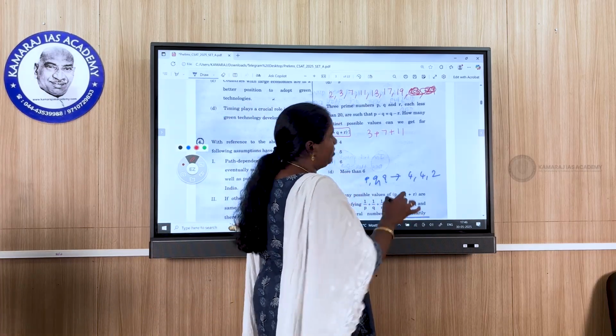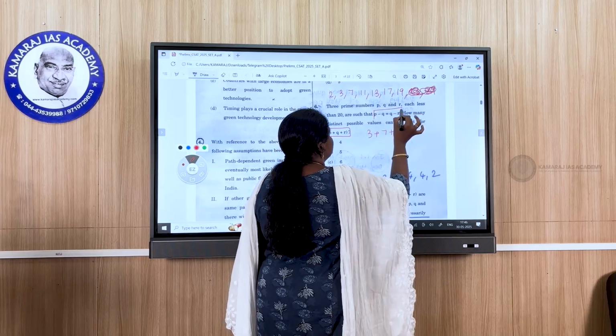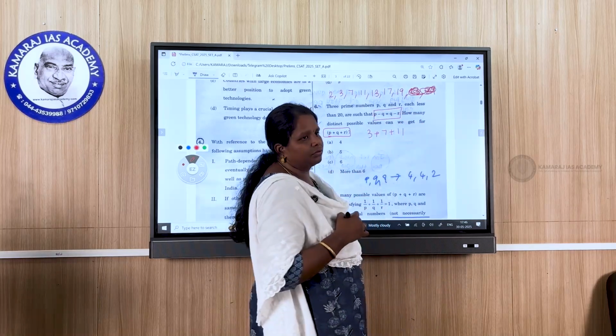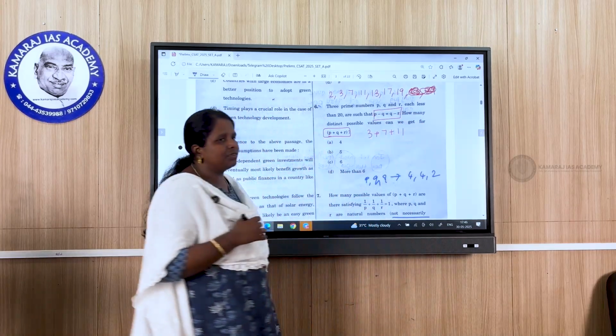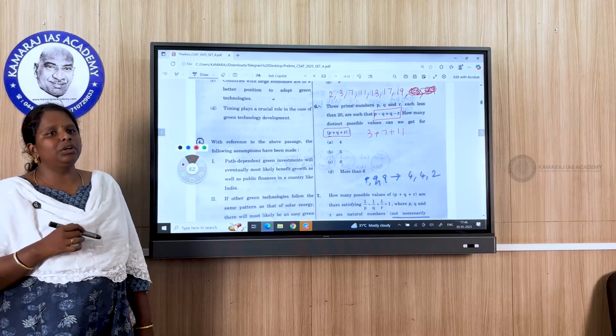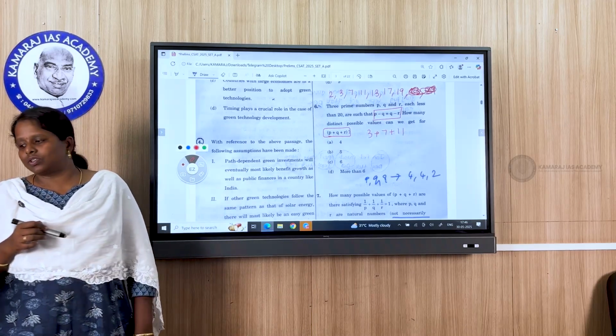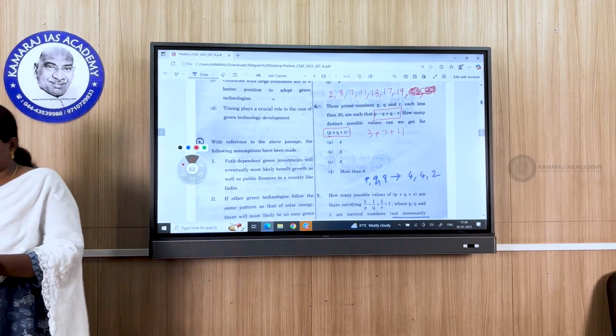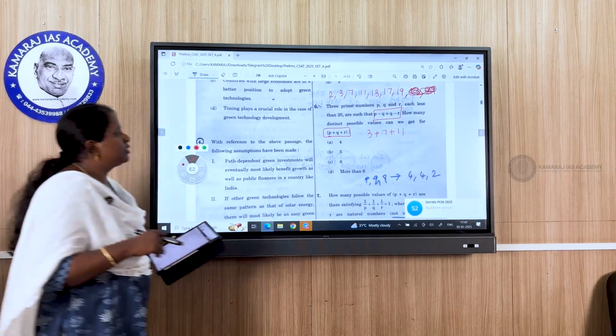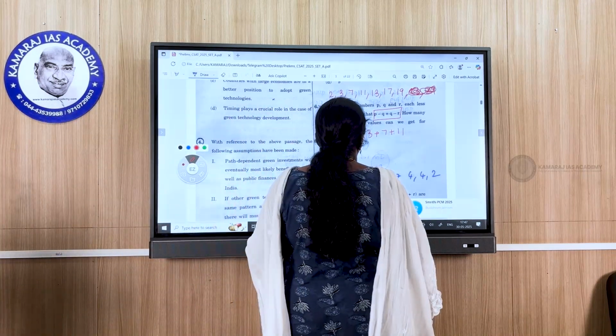And at the same time, it should satisfy P minus Q is equal to Q minus R.